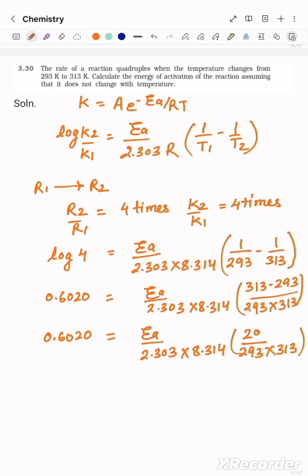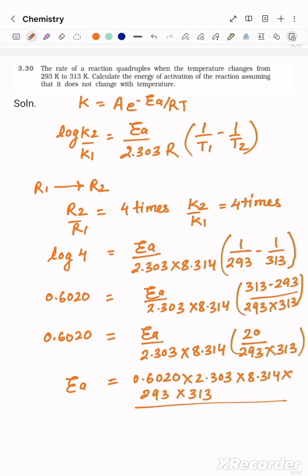So moving towards the left side EA, the whole equation becomes 0.6020 multiplied by 2.303 multiplied by 8.314 into 293 multiplied by 313, and that will be divided by 20.